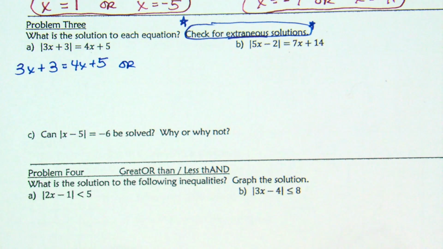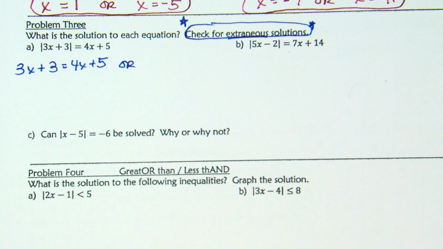Or, what about the second equation? Negative 4x minus 5. Because on the side that's not the absolute value, you're changing every sign.